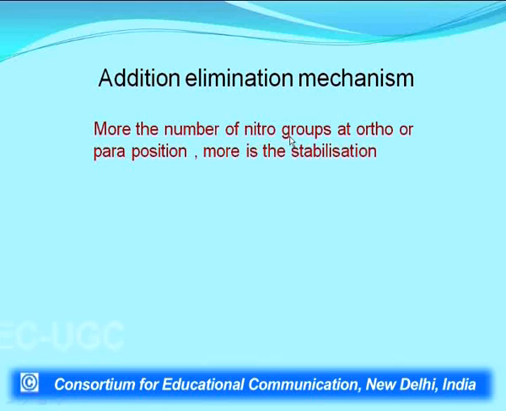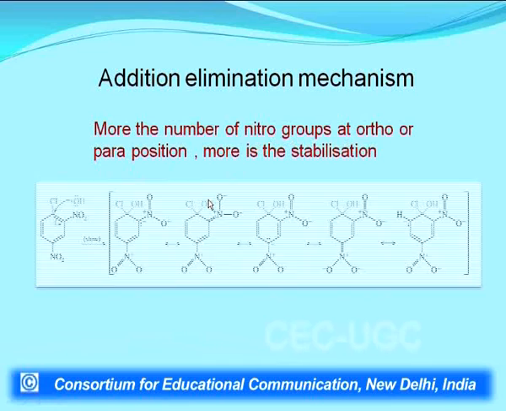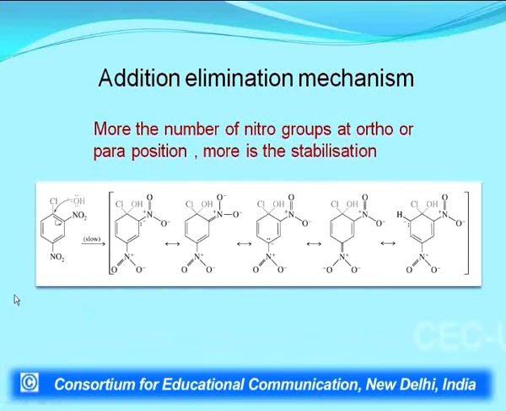More the number of nitro groups at ortho or para position, more is the stabilization, because more number of resonating structures will exist, such as in this case when there are 2 nitro groups, one at ortho and another at para, when this hydroxide attacks and negative charge goes here, this negative charge comes here, one extra resonating structure when this negative charge is shared by this electron pair, and then another extra resonating structure when this negative charge is shared by this nitro group, and so on.